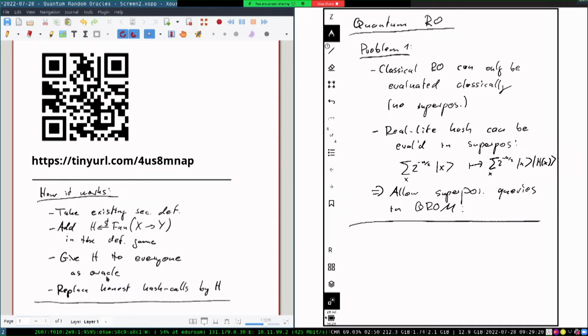To summarize only the important things, we still pick h as a random function, but we give this to everyone as an oracle, where this notation here is sometimes used to mean an oracle given with superposition access.